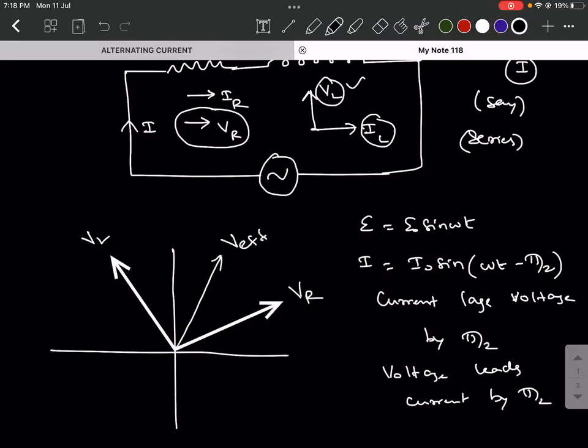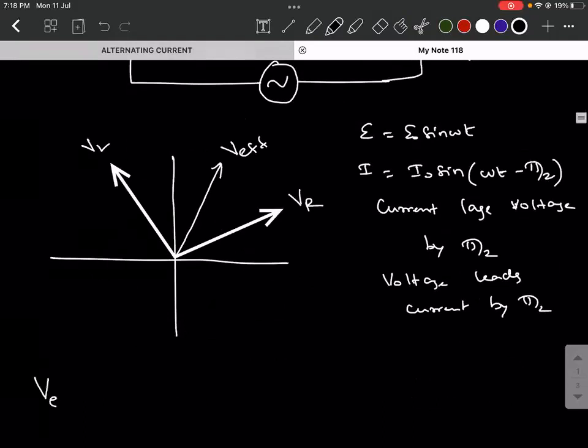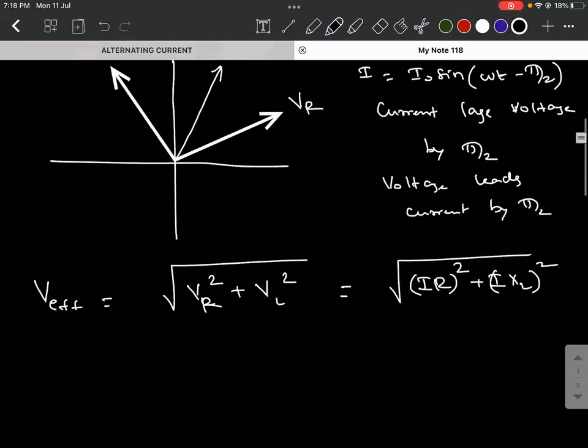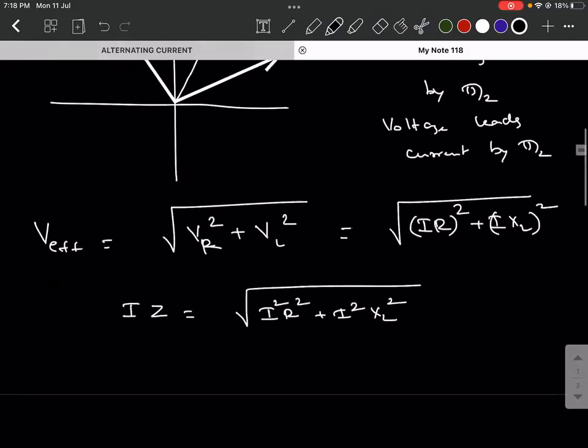So when this is the case, what is going to be the value of V effective? Root of VR square plus VL square. So root of IR square plus I into XL square. So V effective is I into Z, which is equal to root of I square R square plus I square XL square.